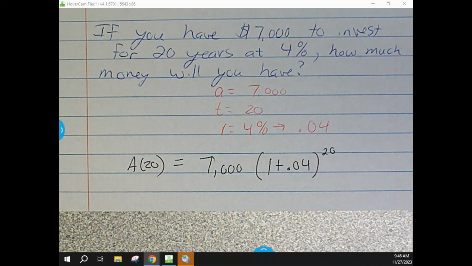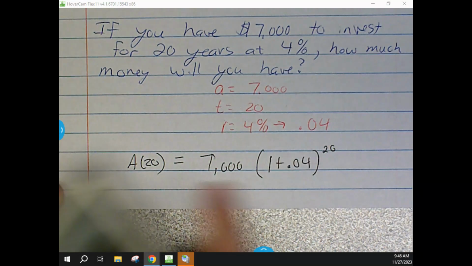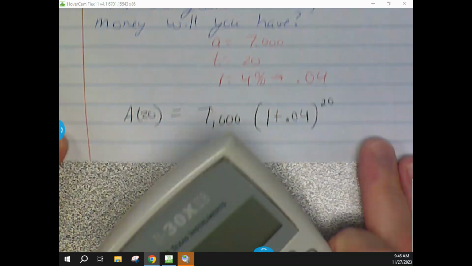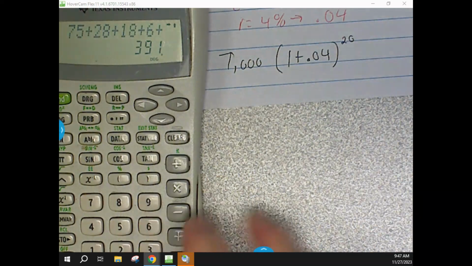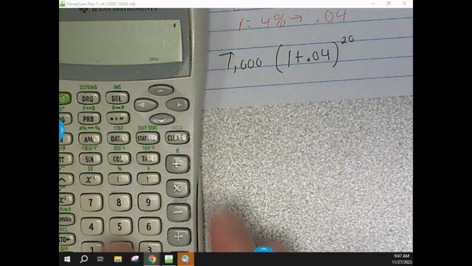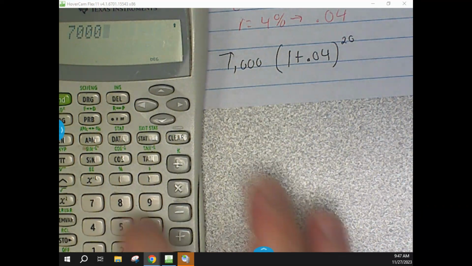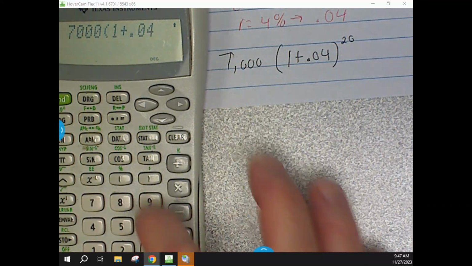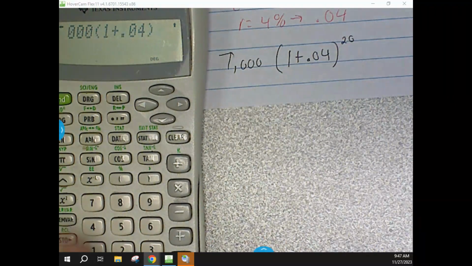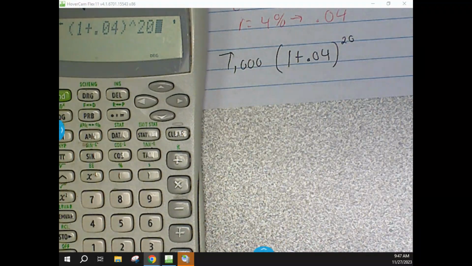And if you've got a good enough calculator, you can pretty much punch that straight in and let it do what it's got to do. A lot of that's just knowing what to do with your calculator and how to get there. So it's 7,000, do your parentheses, 1 plus 0.04, and then we're going to raise that to the 20th power.